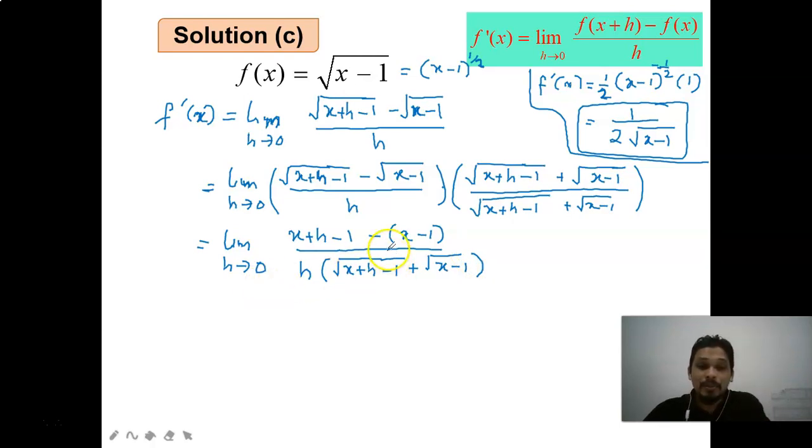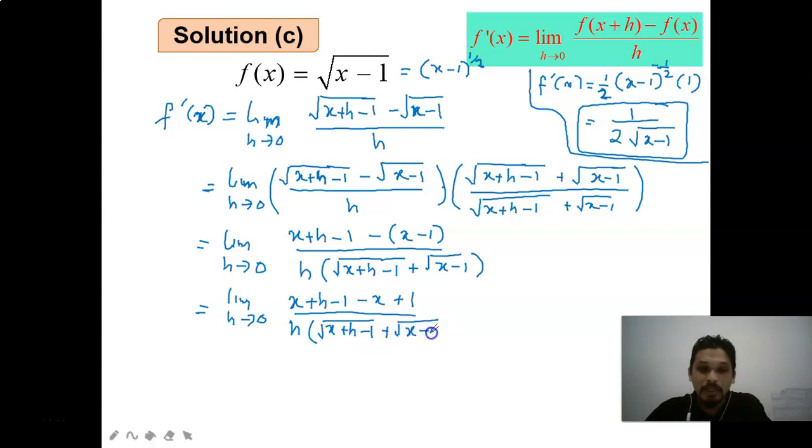Okay, so limit h approaching to 0, x plus h minus 1, negative times x, minus x, negative times negative 1, positive 1, divided by h times square root of x plus h minus 1 plus square root of x minus 1. There you go.